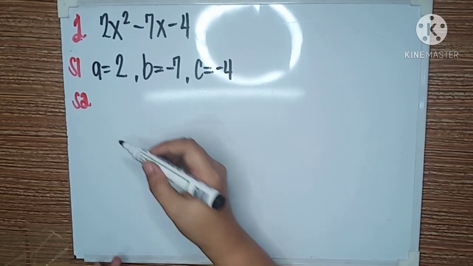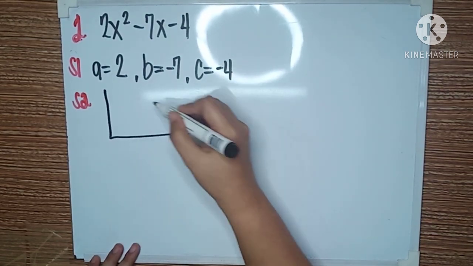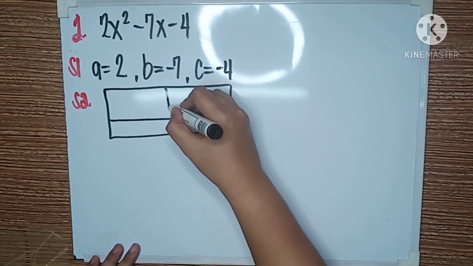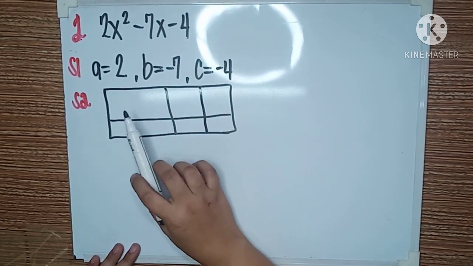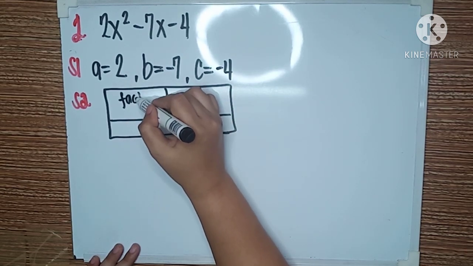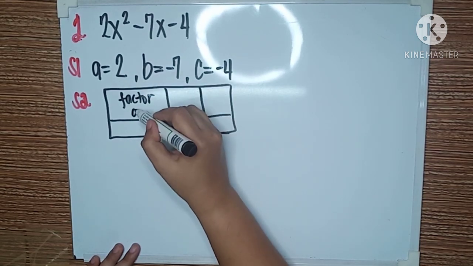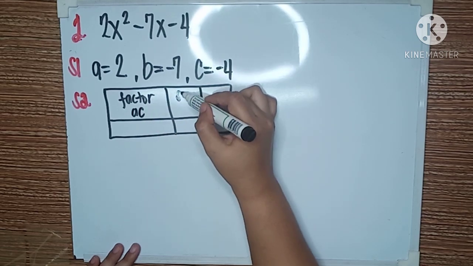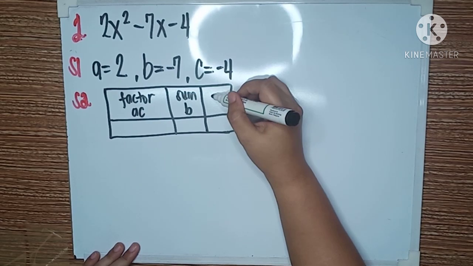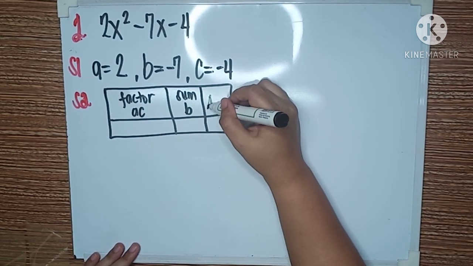Step 2. We will draw a box with 2 rows and 3 columns. So for the first box, we will write factor of AC, whose sum is B. And this is the answer.